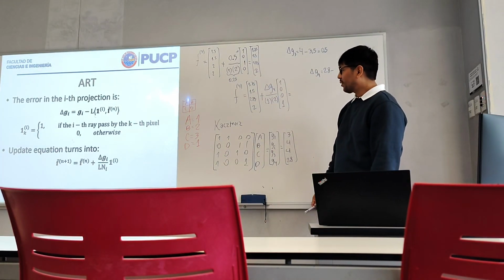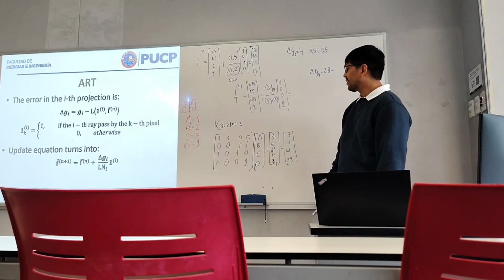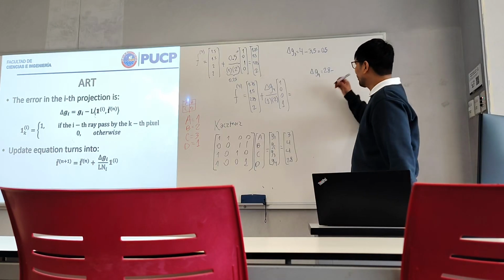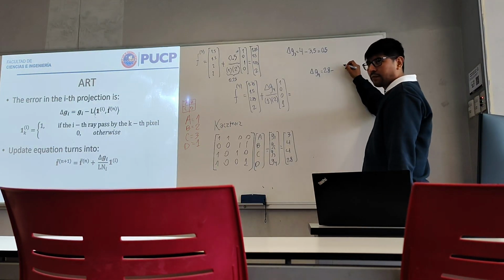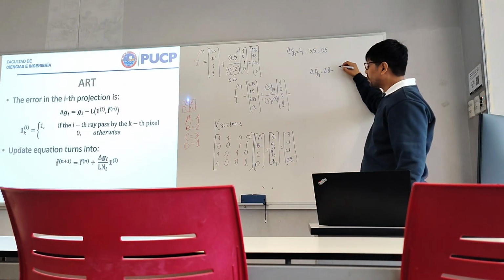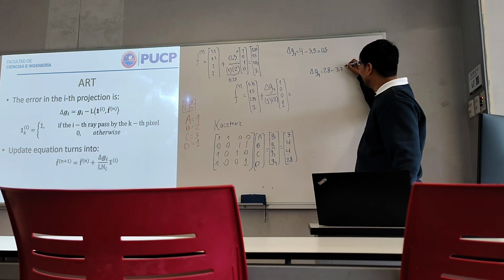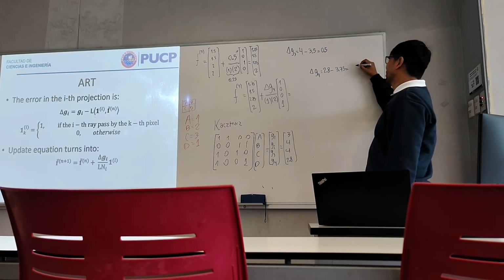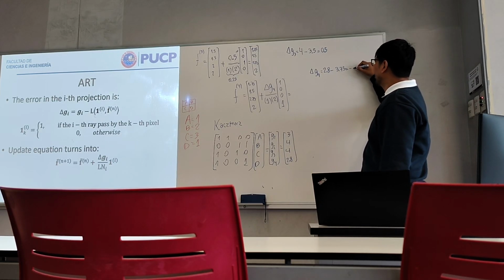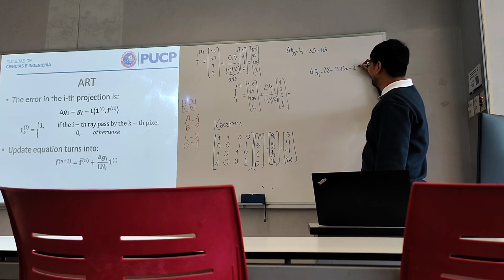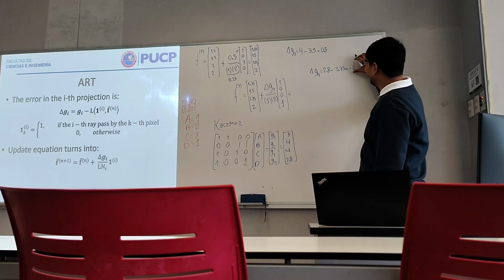What is the inner product of the vector of ones and the current solution? 3.75, right? So this should be almost minus 0. Oh, 1.05?